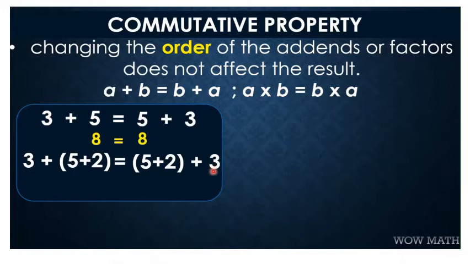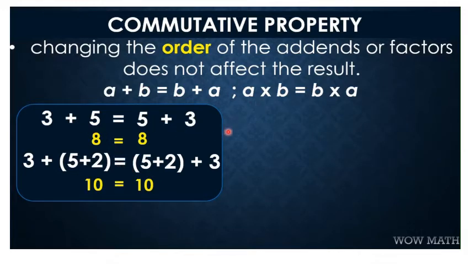Let us add. This will become 7. And 7 plus 3, that is 10. This is 7, 7 plus 3, that is also 10. And as you can see, they are still equal. So this is an example of commutative property under addition.